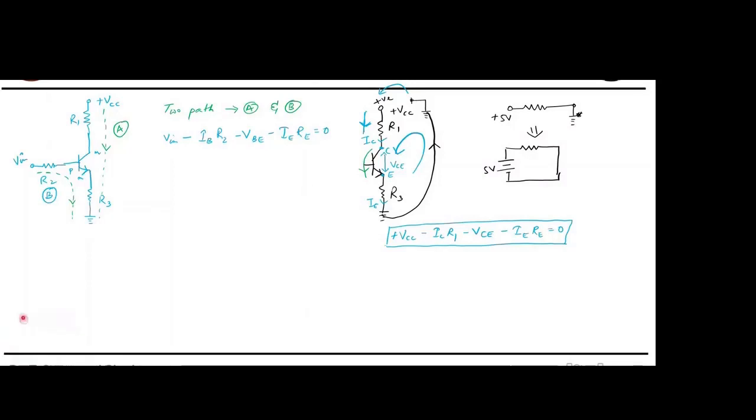See, I'm starting from here. So VIN. Since the current is flowing in this direction, I'm taking minus IB R2. Again here the current is flowing from base to emitter, so minus VBE. Then again here. So this is how you apply the KVL.